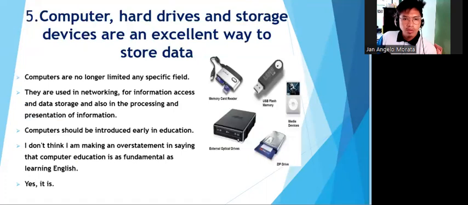Computers should be introduced in early education. So, kailangan natin ma-introduce na ito sa ating mga kabataan, especially in early education.